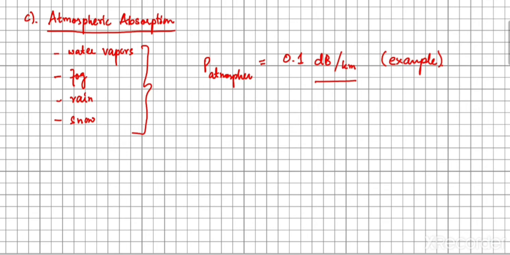The atmospheric absorption is frequency dependent. More precisely, it depends on the carrier frequency. So carrier frequencies of, for instance, 100 megahertz or 200 megahertz, versus 1 gigahertz, 2 gigahertz, versus 20 gigahertz, will all experience different levels of atmospheric absorption.